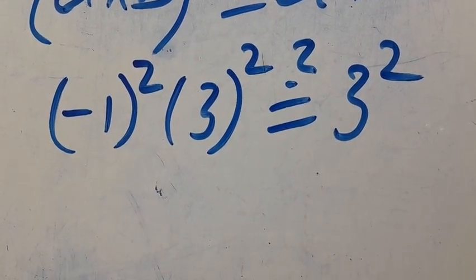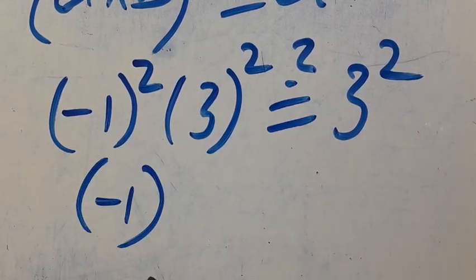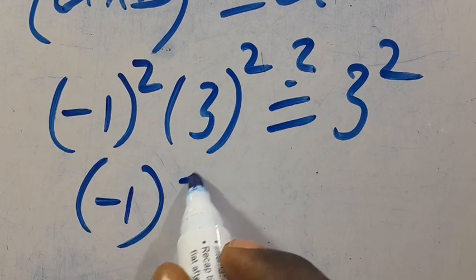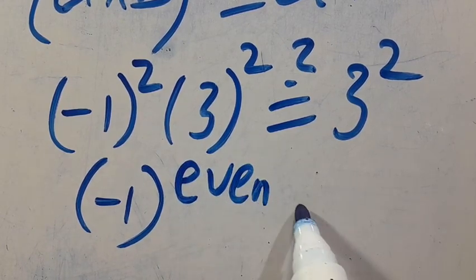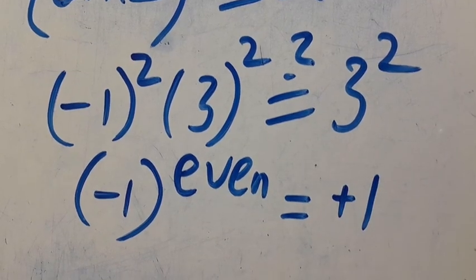From here, recall that when you have minus 1 to the power of even, the output will always be plus 1.